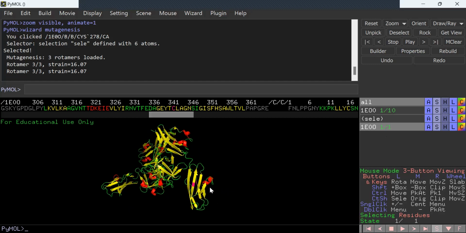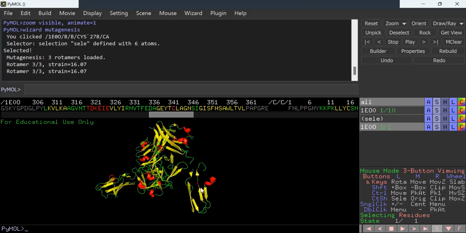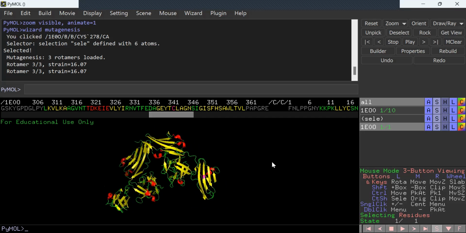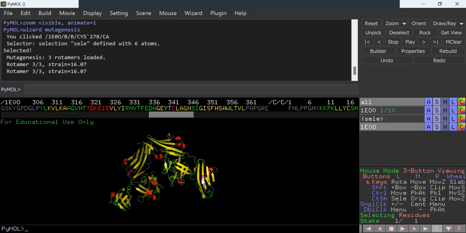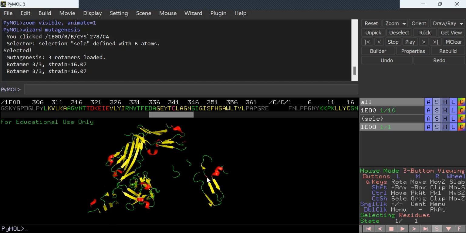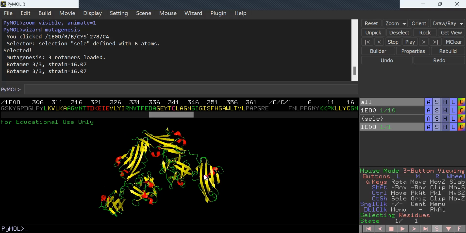When we have the variant C278F, it affects this cysteine at position 278 on this green wire over here, and this bit is highlighted now.